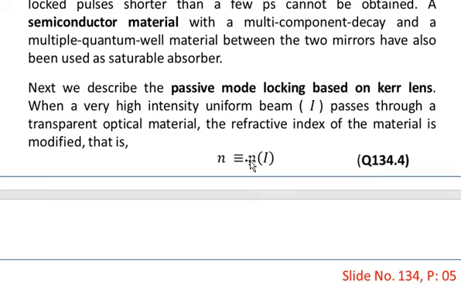So we actually modify, through the intensity, the refractive index of the material within the Kerr cell, and the Kerr cell now becomes the Kerr lens. You know that in a lens you have a thickness in the center, and while you go away from the center of the lens, the thickness decreases in a convex lens, which is used to focus the beam.